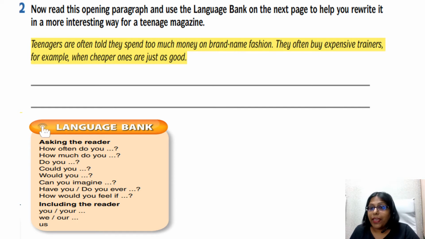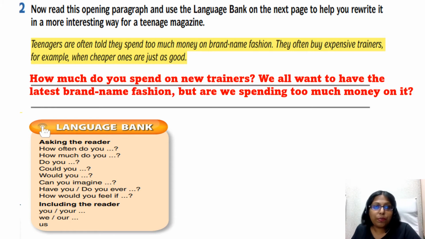They often buy expensive trainers, for example, when cheaper ones are just as good. So how can we make this interesting? Let's look at this example. How much do you spend on new trainers? We all want to have the latest brand name fashion, but are we spending too much money on it? See the way this statement is written, it is more catchy than the first one that has been given.